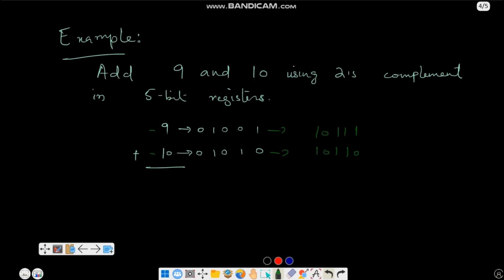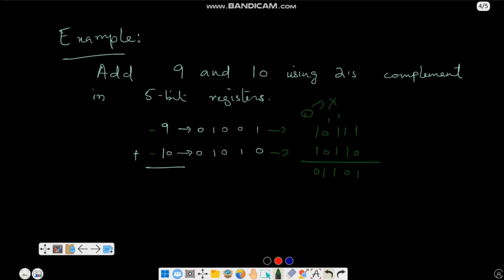Now if I try to add these up: 1 plus 1 will be 0 with a carry, 0 plus 0 will be 1, and so on. A left-around carry will occur here, but I'll discard it.